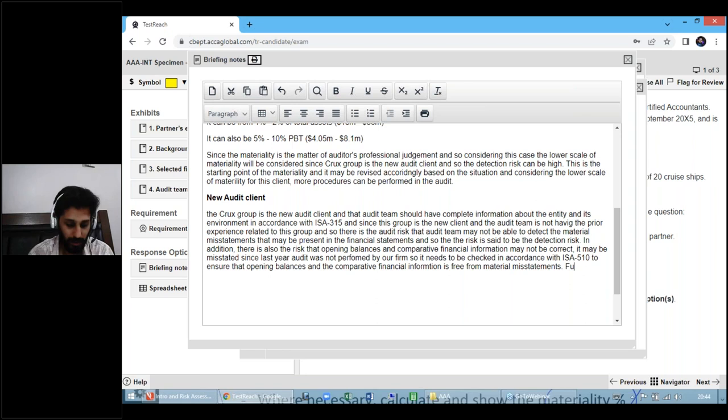So I'm writing here, furthermore, the audit procedures should be increased based on increasing sample size, so that sufficient and appropriate audit evidence can be obtained, right?